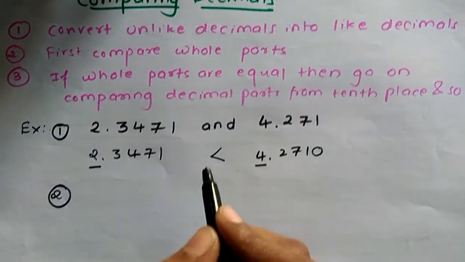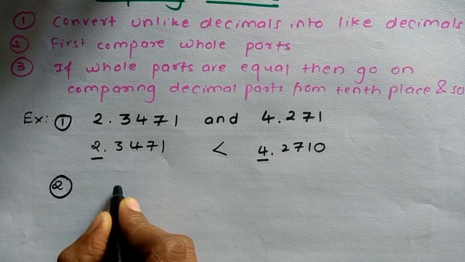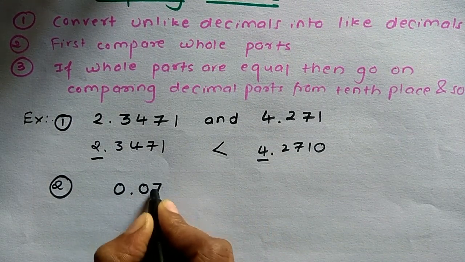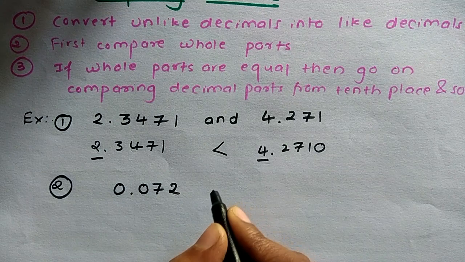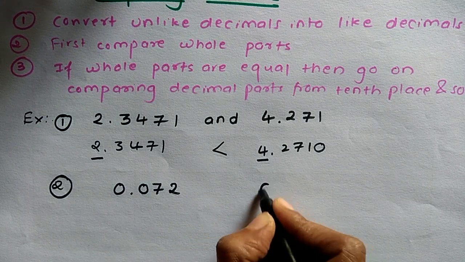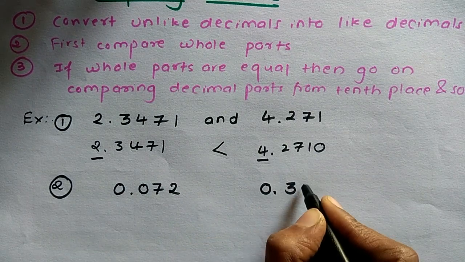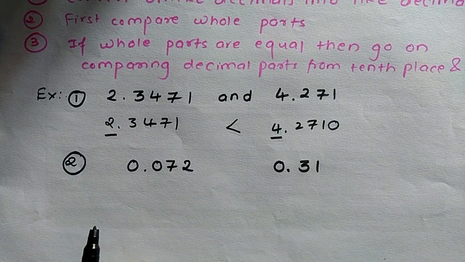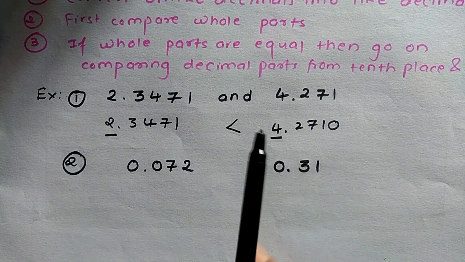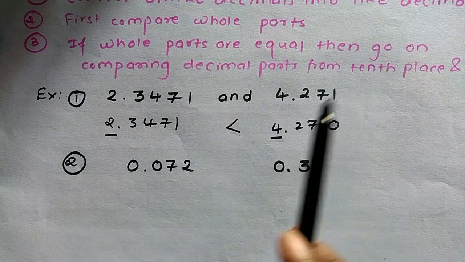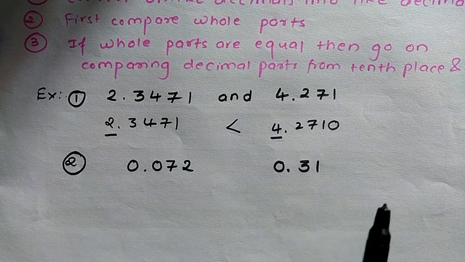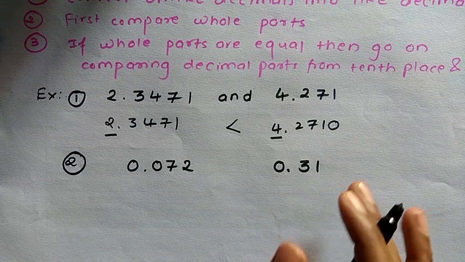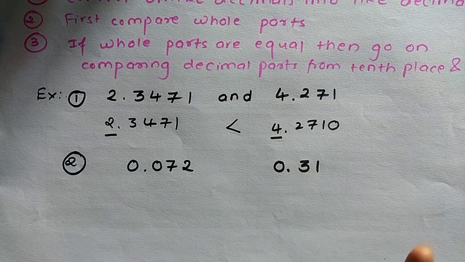Now the second example. You can see actually there is no need of converting into like decimals, but to avoid the confusion, we always convert into like decimals. Without converting into like decimals, you can do it.